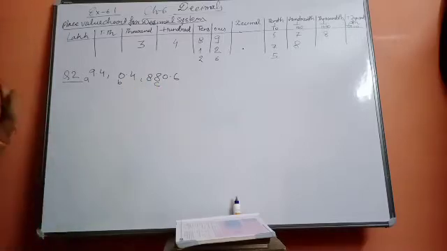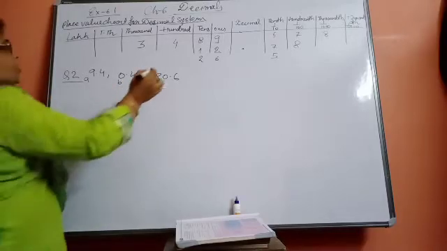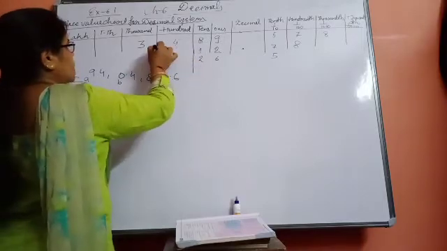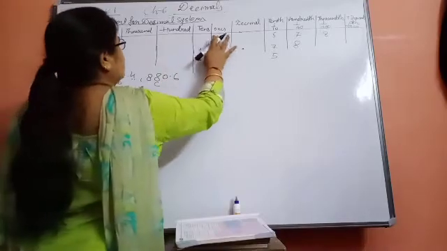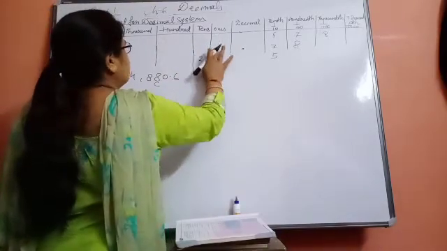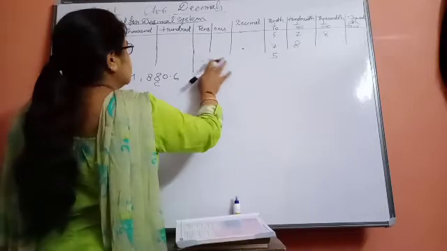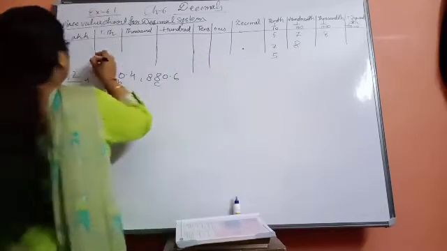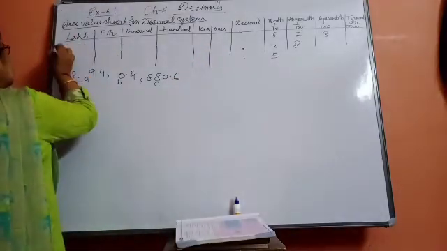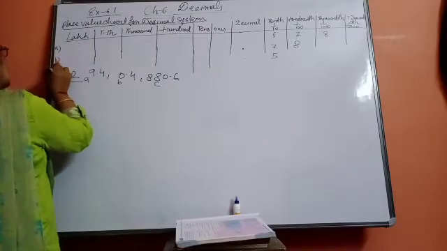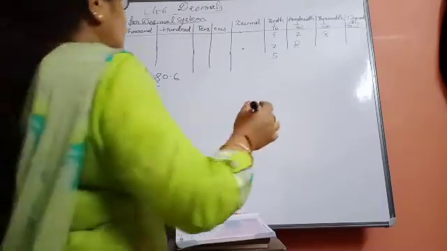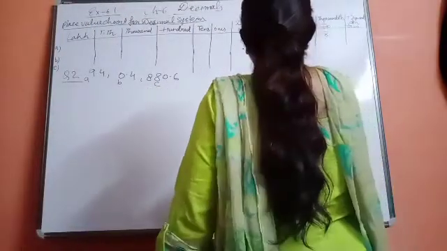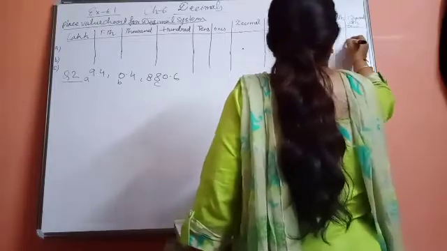Now we are going to fill these numbers in your place value table. So I am rubbing these numbers from here and we are going to fill the given numbers in your place value table. Whenever you do this question, make just one place value table and put the A part here, then the B part and then the C part, and put all the numbers in one single table. Don't make separate tables because it will take too much time. So in one single table you can do this.